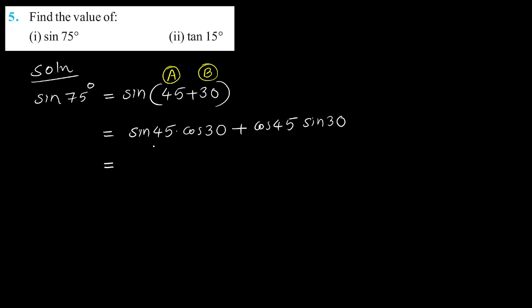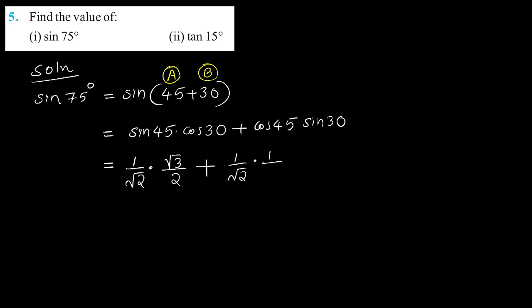Sin 45, we studied that the value is 1 by root 2. Cos 30 is root 3 by 2. Cos 45, we studied the value 1 by root 2.